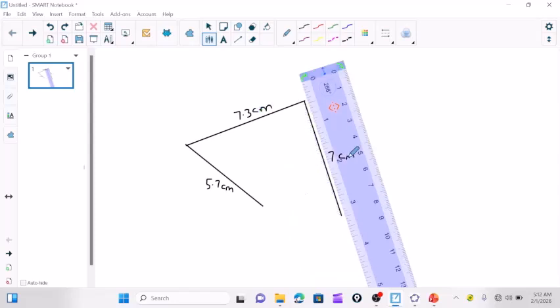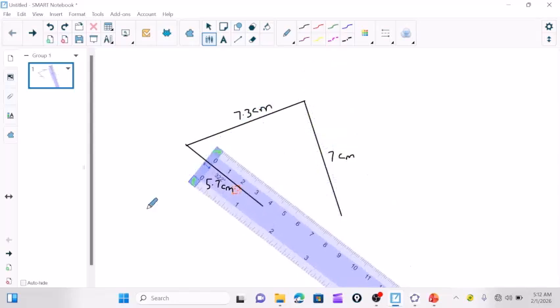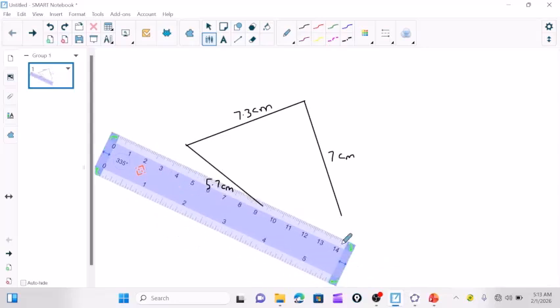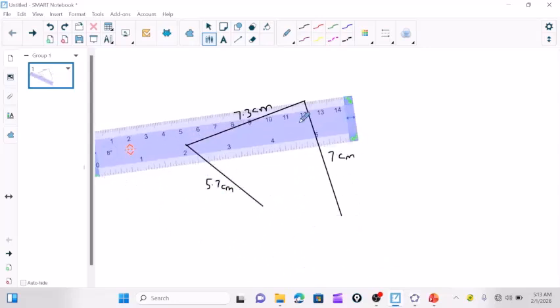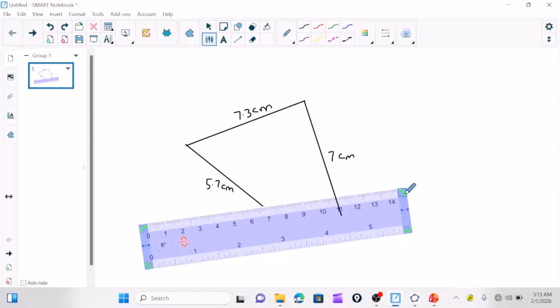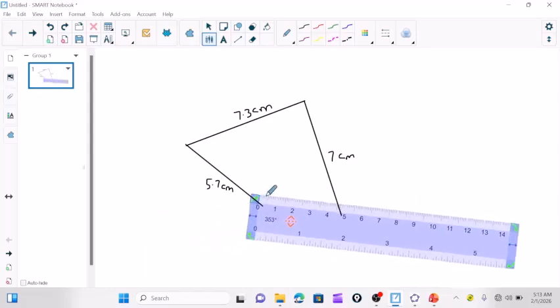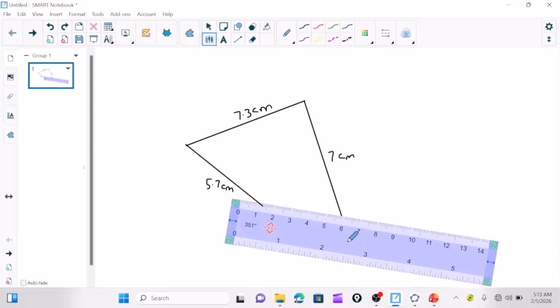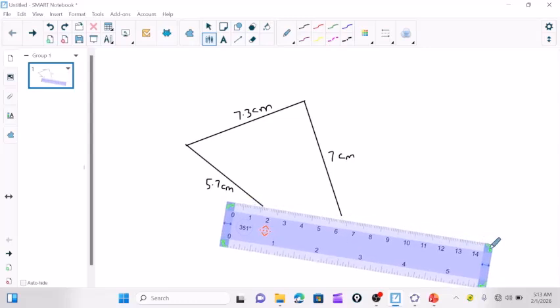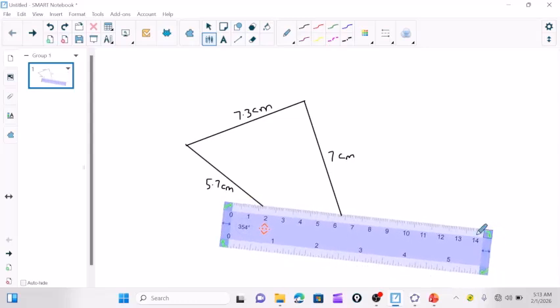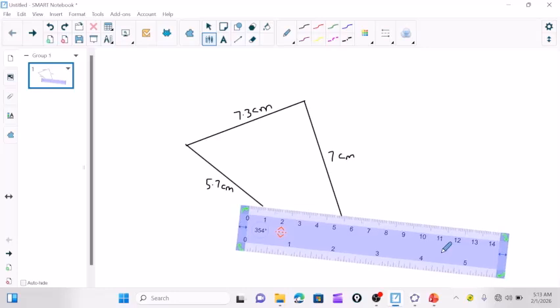Then finally close the four-sided shape. Let me close my own. Okay, I need to come down a little, I need to go up a little, and turn a little now.